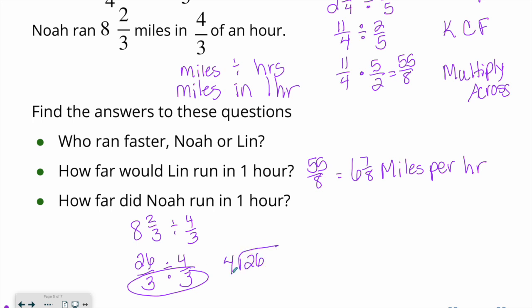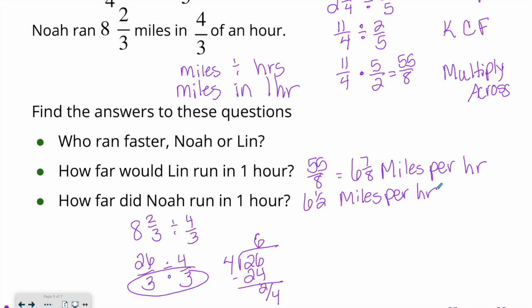So 26 divided by 4 is 6 2/4, or 6.5 miles per hour.